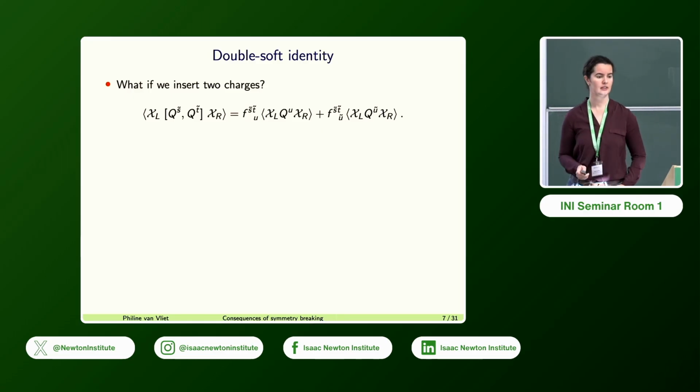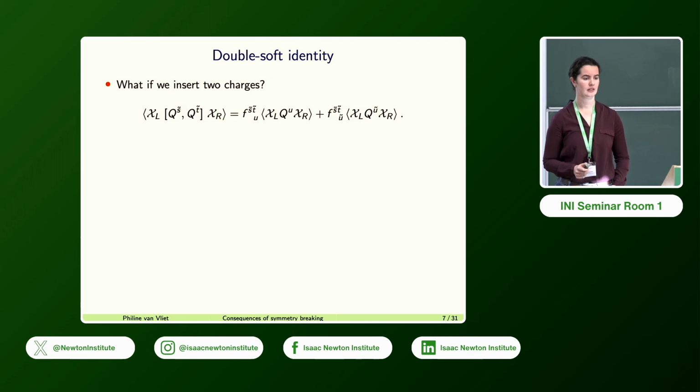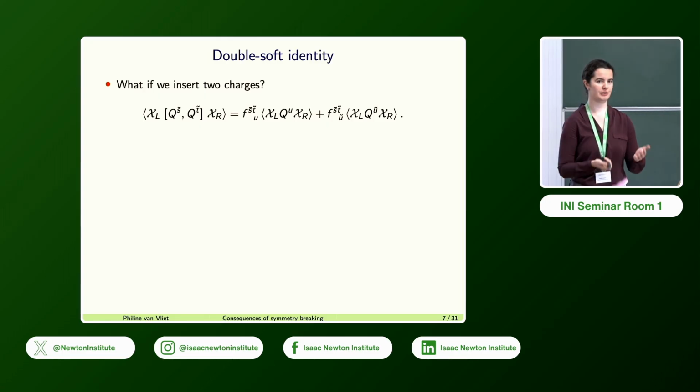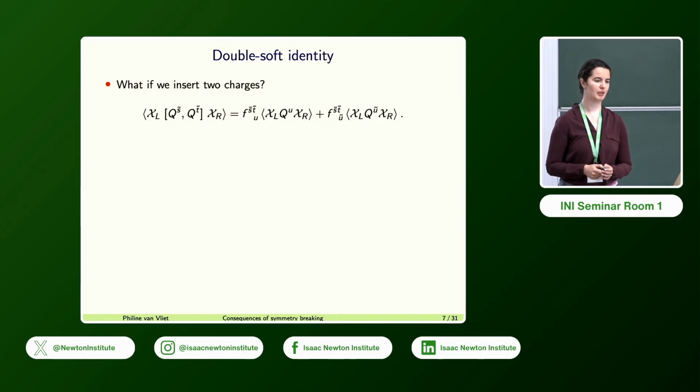Yes? If we consider a specific theory, QCD, do we need to consider anomalies in your correlators? For certain theories, you would need to consider anomalies if they are there. But for the examples that we will see, they are not going to be relevant.